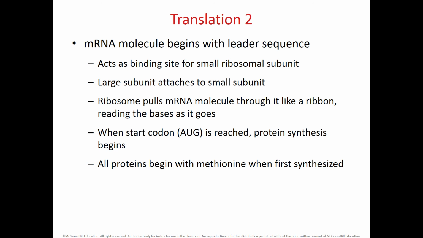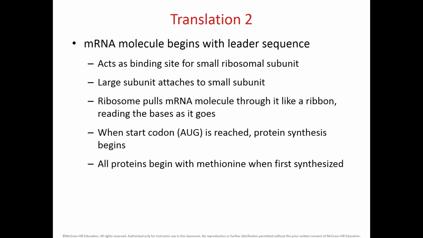Then a large subunit is going to attach to the small subunit, and they form like a little hand that helps trap the messenger RNA, as if it were a ribbon. The messenger RNA passes in between the fingers of that little hand, and then it starts making these proteins.